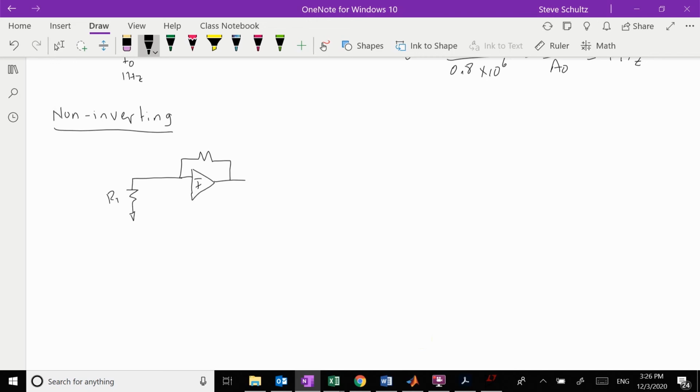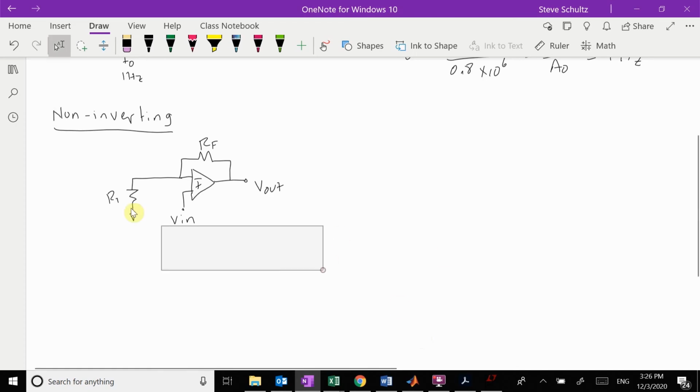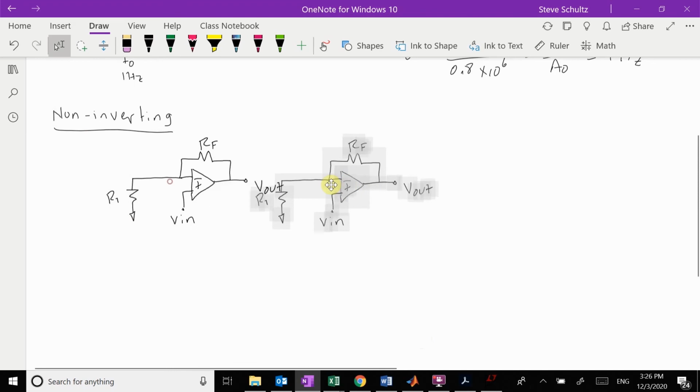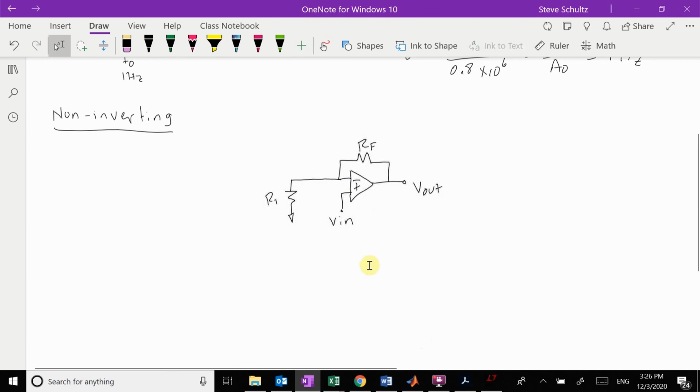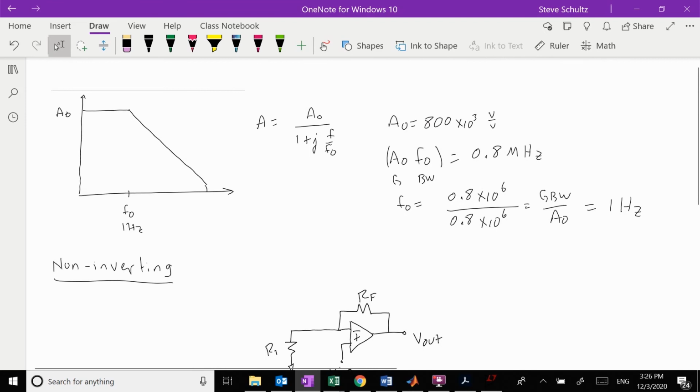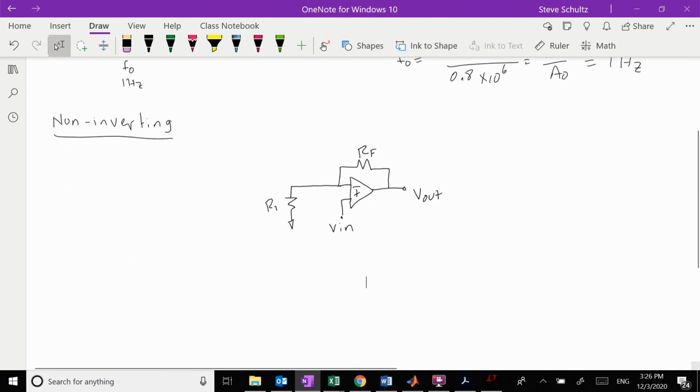So here is my R1, here is my RF, and here is my V in, and here is my V out. And so now we are going to be analyzing this amplifier configuration with this gain equation right up here. So we're going to take this gain equation and put it into this op amp calculation.